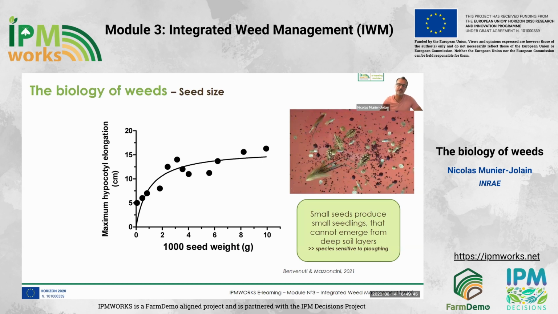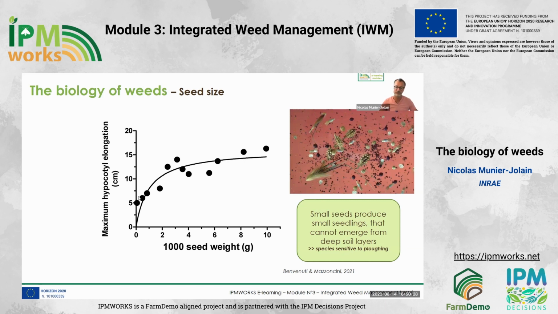You can see here a relationship that was established by Benvenuti and Mazzancini quite recently: the relationship between the size of the seeds, in grams per 1,000 seeds, and the maximum elongation of the seedling hypocotyl before emerging on the soil surface. And you can see a clear tendency that larger seeds can produce longer hypocotyls, so are able to emerge from a deeper layer of soil.